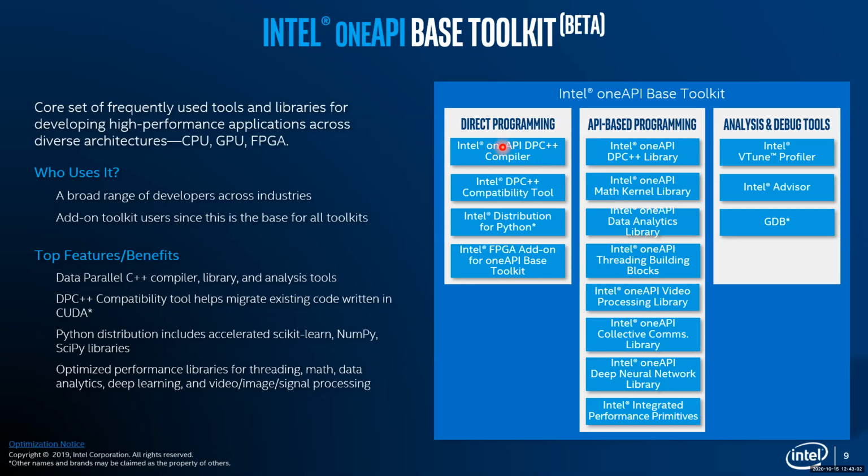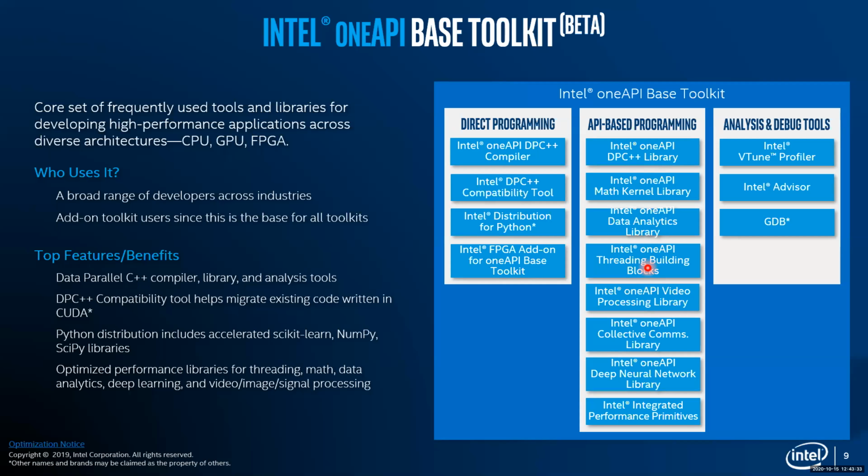The DPC++ compiler is used to compile and optimize DPC++ code for CPU, GPU, and FPGA target architectures. And if you are familiar with previous Intel libraries like Threading Building Blocks, Intel TBB, these are also used to simplify parallelism with advanced threading and memory management template libraries.